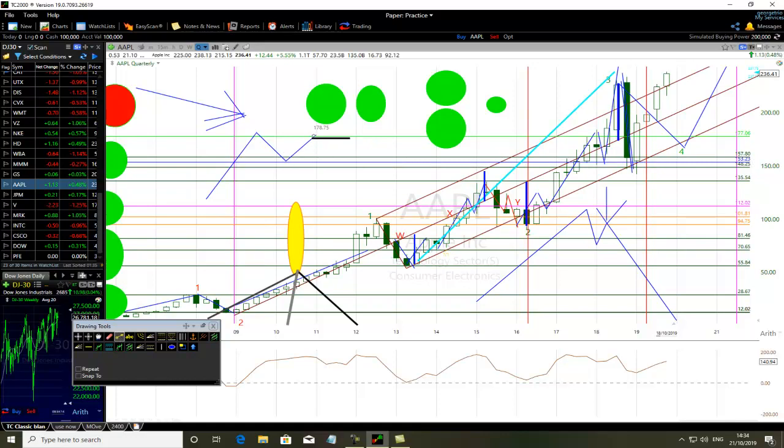Now, it came down here like this, right below the neckline. Now it formed a lower high right there, and the center line is broken. Technically speaking, they will sell it. Or another example for Elliott wave traders is the one that we see very often.